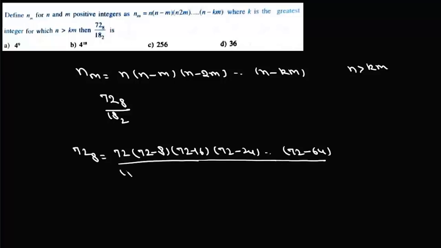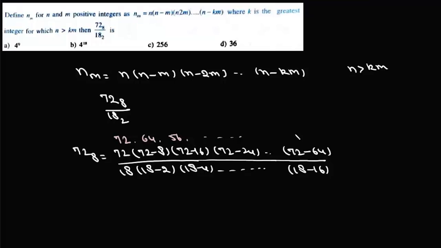and here will be 18, 18 minus 2, 18 minus 4, and 18 minus 16. Now this is 72. 72 minus 8 is 64. 64 minus 8 is 56.